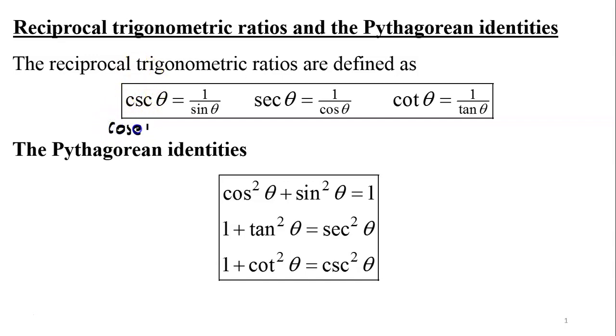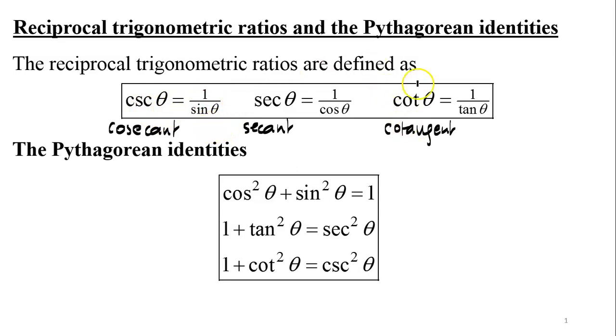So cosecant theta, which is denoted by CSC, that abbreviates cosecant. Regarding the reciprocal of cosine, 1 over cosine theta is the secant function. And we have the cotan function, which is the cotangent function, which is the reciprocal of the tan function. So cotan is 1 over tan, secant is 1 over cosine, and cosecant is 1 over sine.